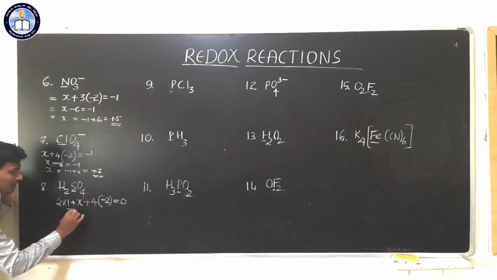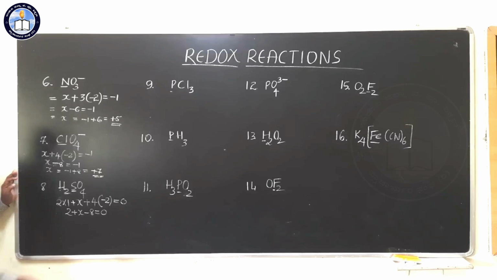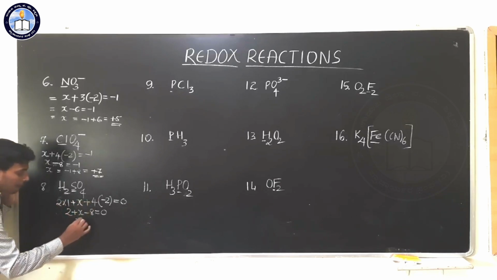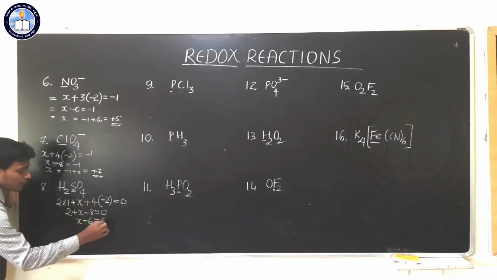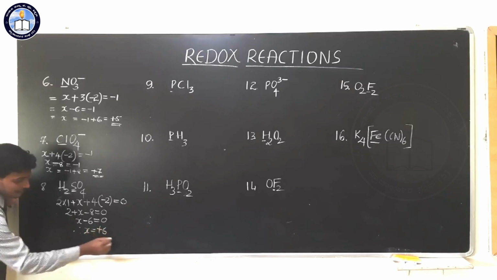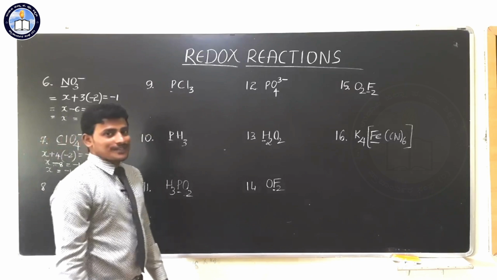So 2 plus x minus 8 equals 0, which becomes x minus 6 equals 0. Therefore x equals plus 6. So we are getting plus 6 for sulfur.